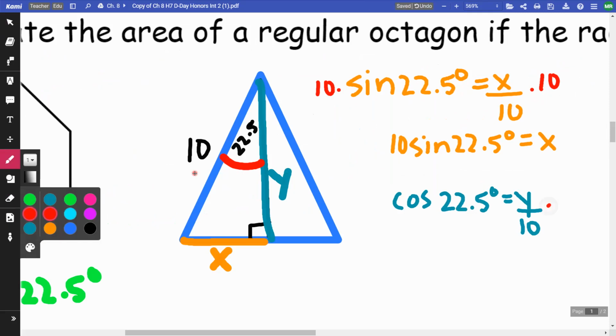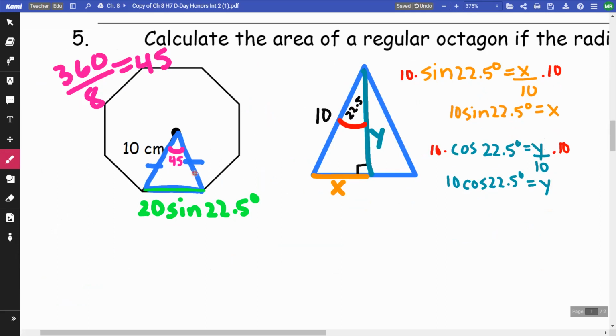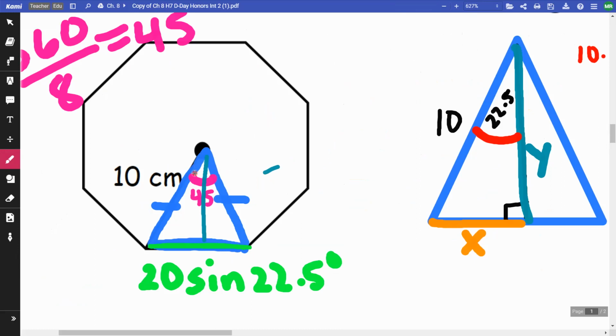Do the same thing, times by 10 on both sides. And I'm going to get 10 cosine of 22.5 degrees is equal to y. So my height over here is going to be 10 cosine of 22.5 degrees.